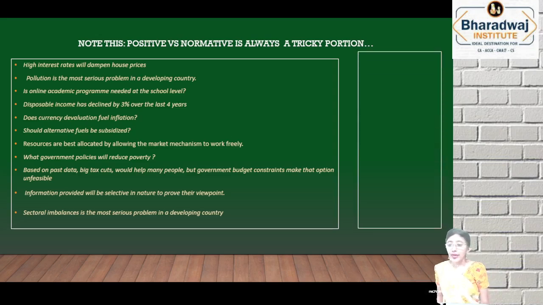Now, high interest rates will dampen house prices. Positive, because we know it will happen. But why do I say it is positive? Positive is about what it is, the happening. It will happen today, yesterday, or tomorrow.